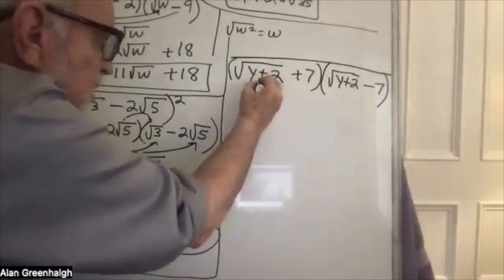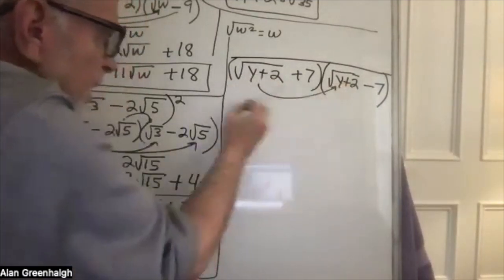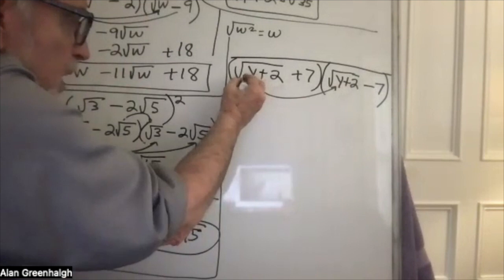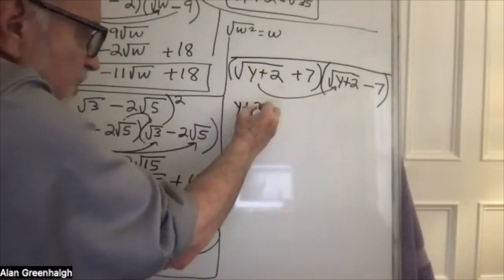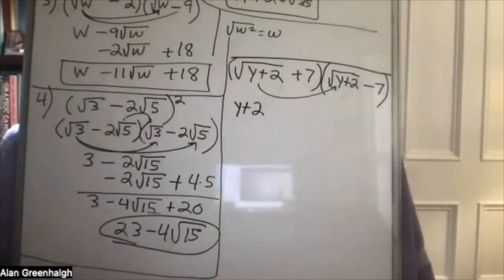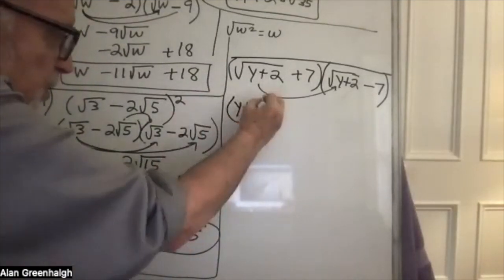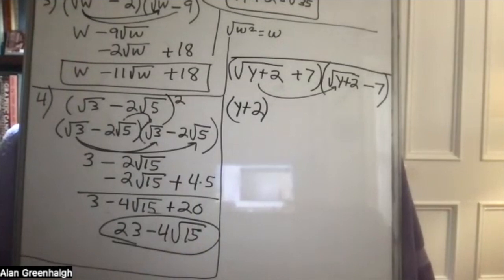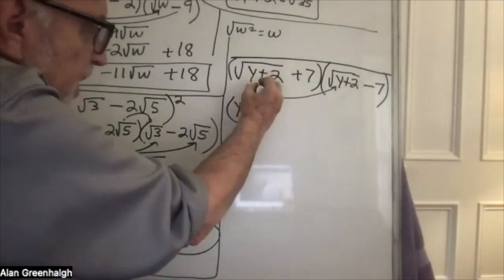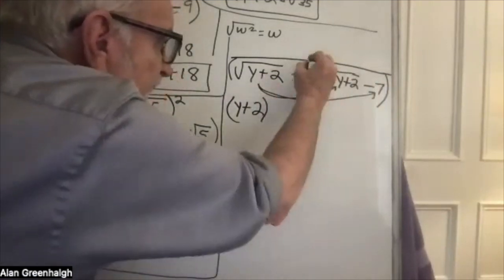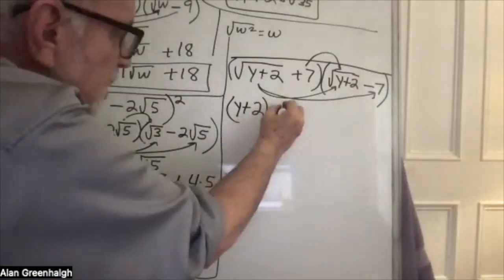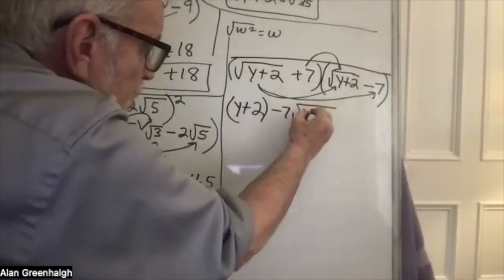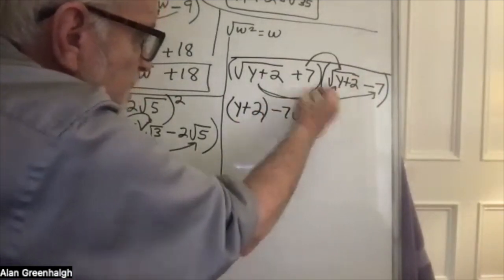So this times this is equal to, now the square root of something times the square root of the same thing is just going to give you that. But let's put it in parentheses, just so it doesn't get in the way of everything. Now, we don't really have to multiply this times this and this times this, but we will because we know what's going to happen with conjugate binomials.